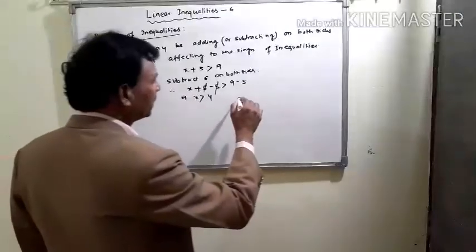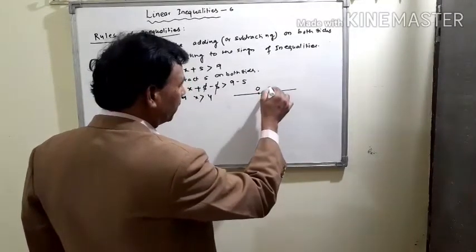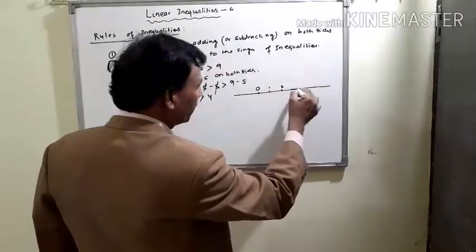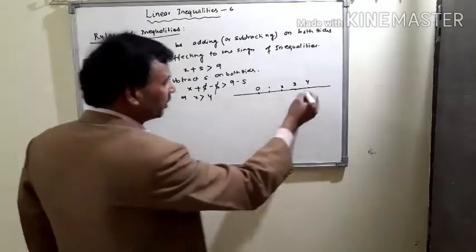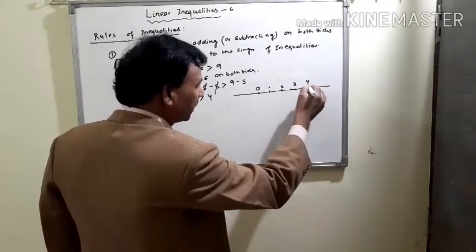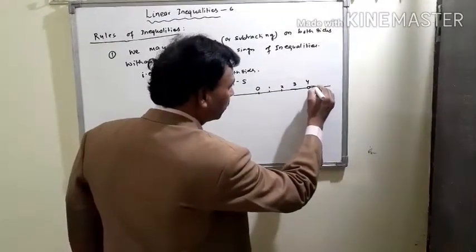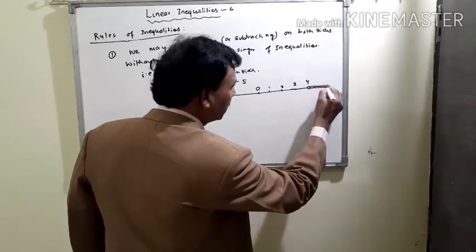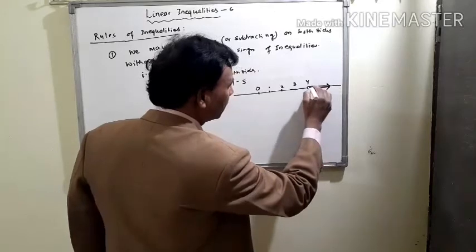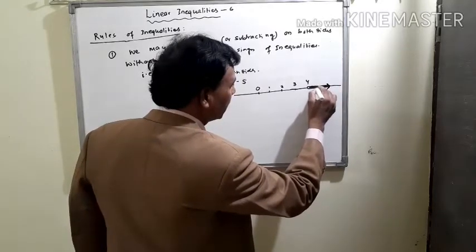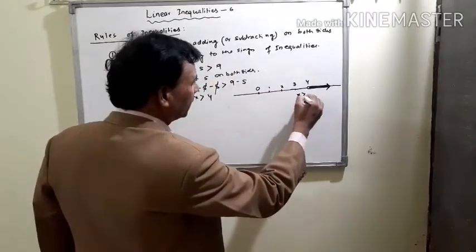We can express this on the number line. Suppose this is 0, this is 1, 2, 3, and this is 4. Since x is greater than 4, we make an open circle here and show the arrow in the positive direction of the number line. This represents x greater than 4.